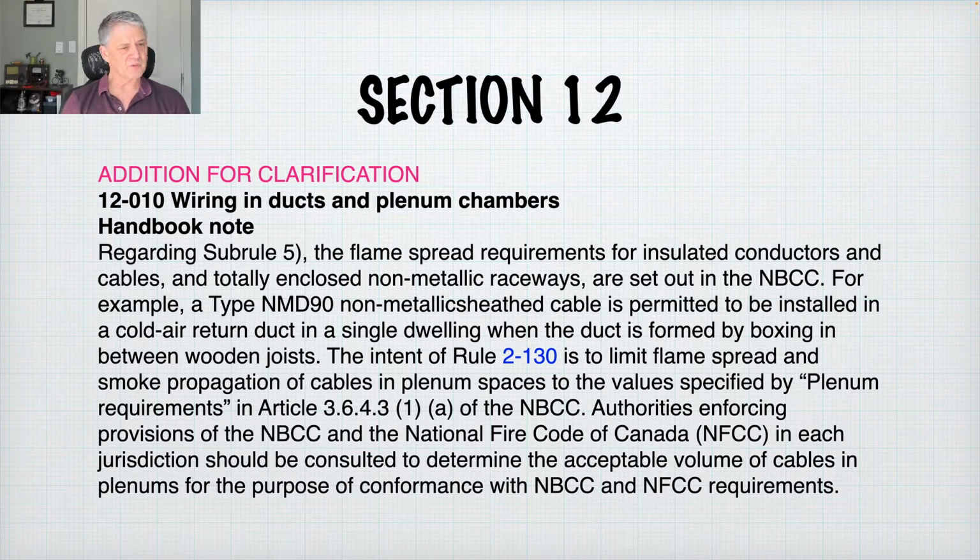Authorities enforcing provisions of the National Building Code of Canada and the National Fire Code of Canada in each jurisdiction should be consulted to determine the acceptable volume of cables in plenums for the purpose of conformance with the National Building Code and the National Fire Code of Canada.